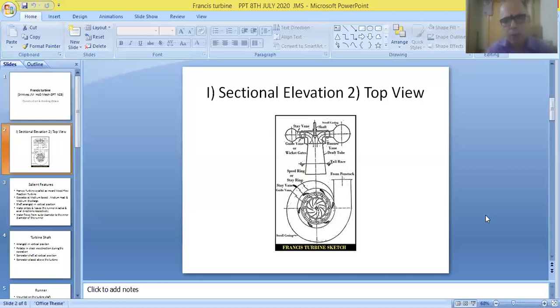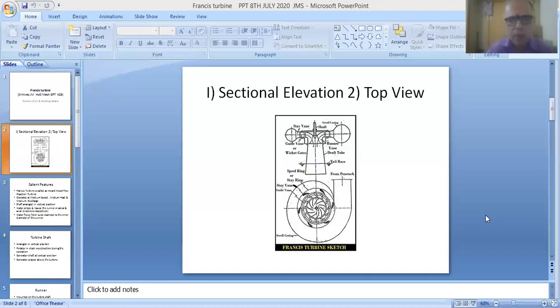That means when the load on the turbine increases, it requires more quantity of water. Therefore, the guide blades will be coming to open position, and they will be supplying more quantity of water onto the runner. Similarly, when the load on the turbine decreases, it requires less quantity of water.